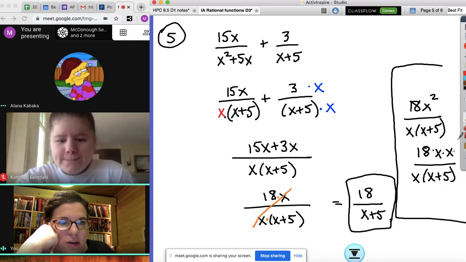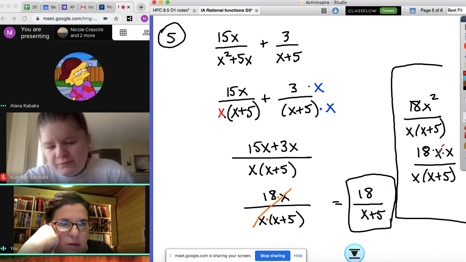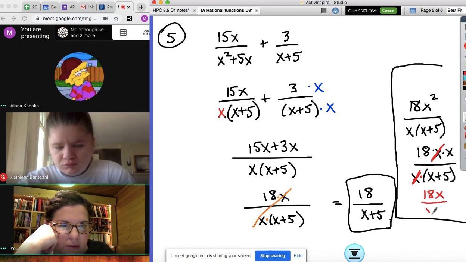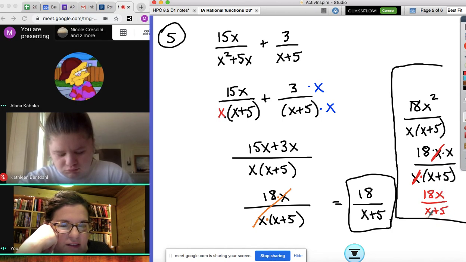And I would only be able to cancel one of the x's from the top and the bottom, because now this x right here is being added to the 5, and we can't cancel it. Here's what we would have. And you cannot cancel these two x's because this one is not being multiplied.